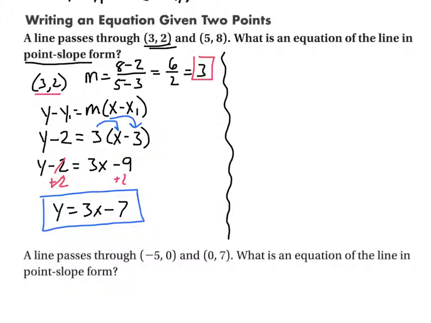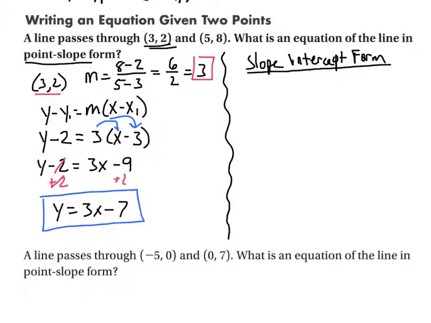Okay, well, the alternate method here is using slope-intercept form. If we use slope-intercept form, we need 2 pieces of information, actually: the slope and the y-intercept. Well, at the beginning of this problem, we don't have either of those.